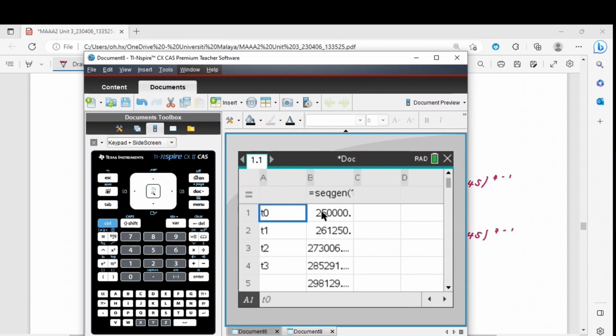So I don't need to especially change this into T1. But if you find that minusing 1 doesn't make sense to you, then of course you can always put your first number, your T1, here. But you will need to do the extra step of calculating your T1. So the idea is you can always type your T0, and then understand that the first row is your T0, the second row is your T1, and so on.